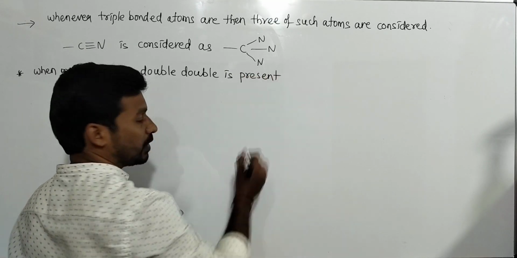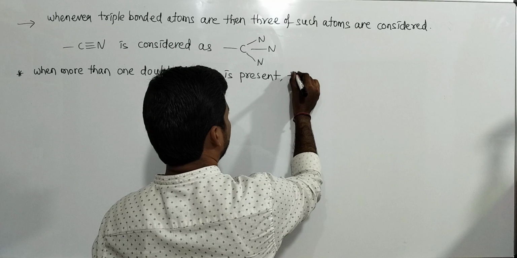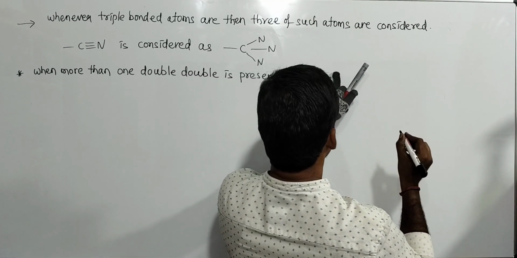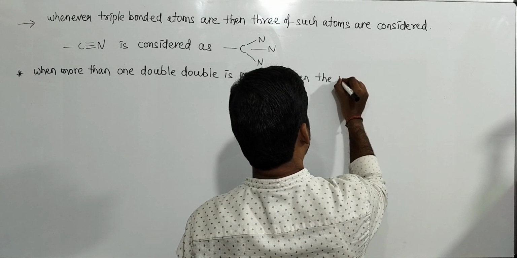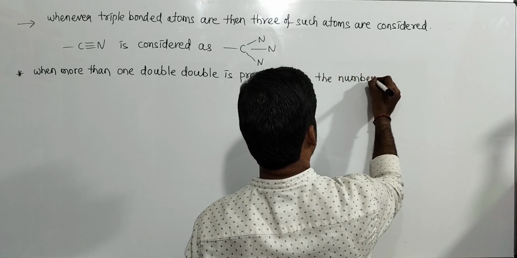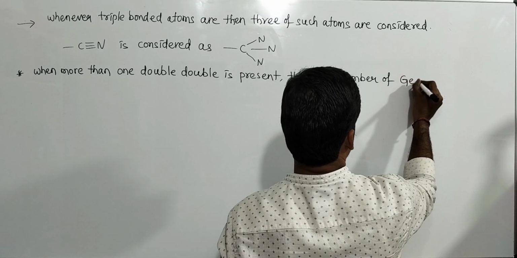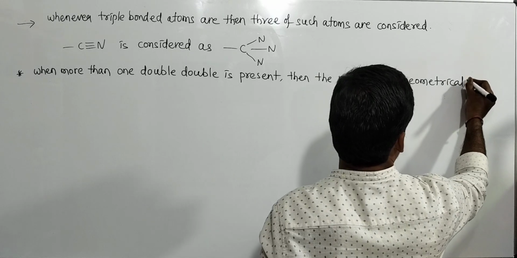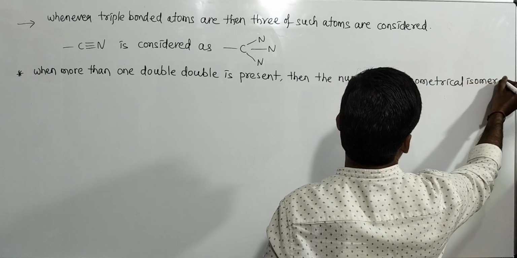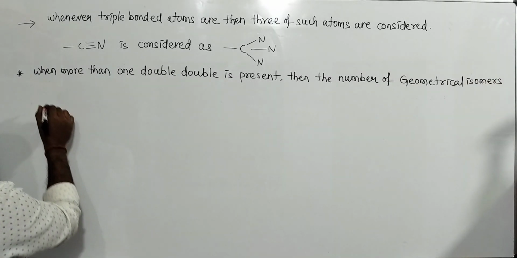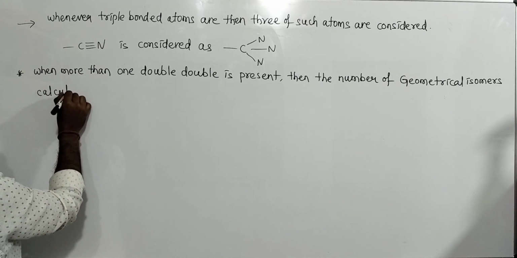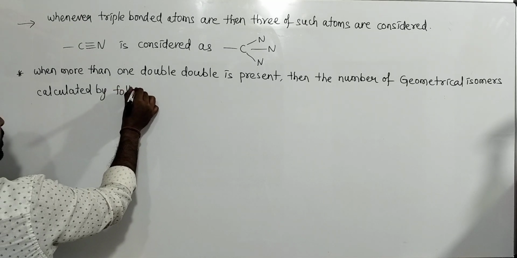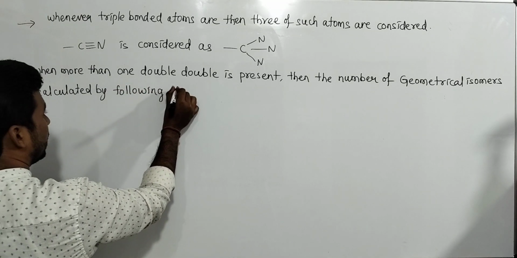When more than one double bond is present, the number of geometrical isomers is calculated by following formulae.